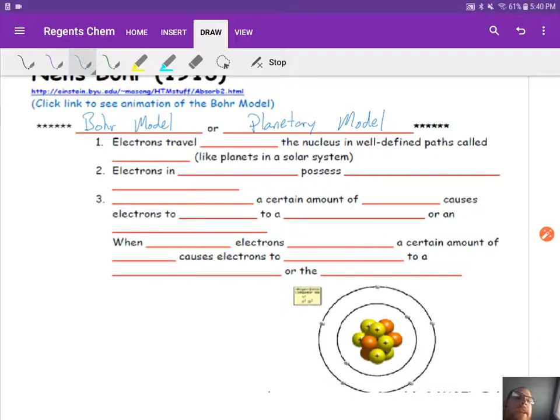He said that electrons will travel around the nucleus in well-defined paths called orbits, like planets do, okay? Electrons in different orbits possess different amounts of energy.